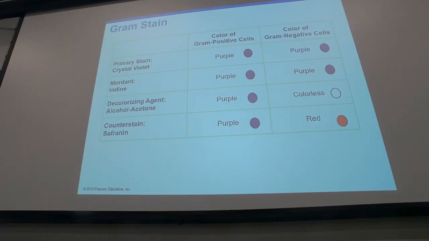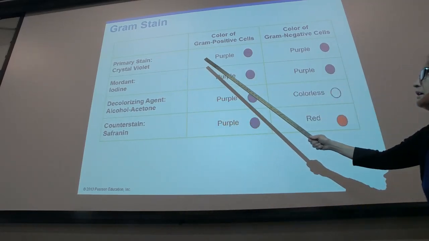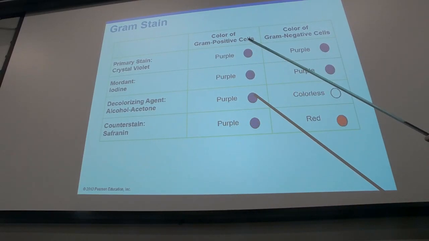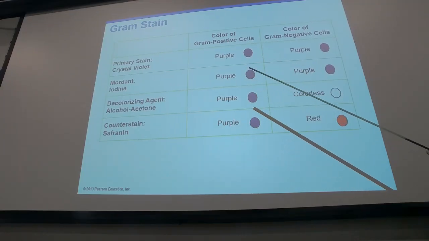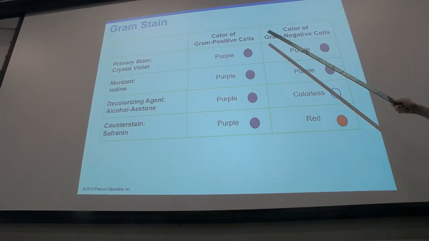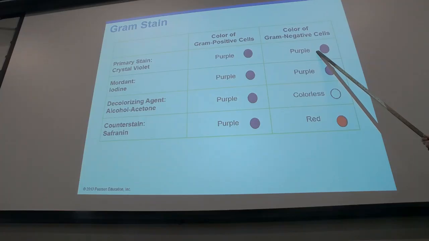So here are the different steps of gram stain. You use crystal violet, the primary stain, and if you have a culture of bacteria or a specimen where you have gram-positive and gram-negative, both of them will stain purple in the first step.